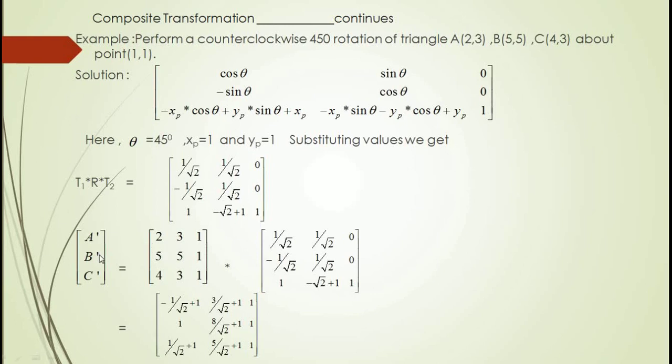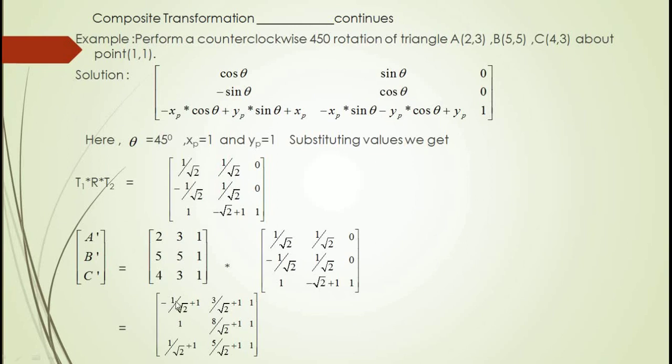Then A dash, B dash and C dash is equal to these coordinates: A is (2, 3), B is (5, 5), and C is (4, 3), with 1 as the w value, into this resultant matrix.